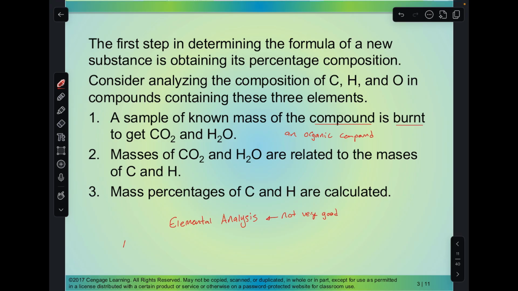But so just as a reminder, for a combustion reaction, there is this that must occur. So you have something with carbon, something with hydrogen. There could be oxygen present. And you would add O2.